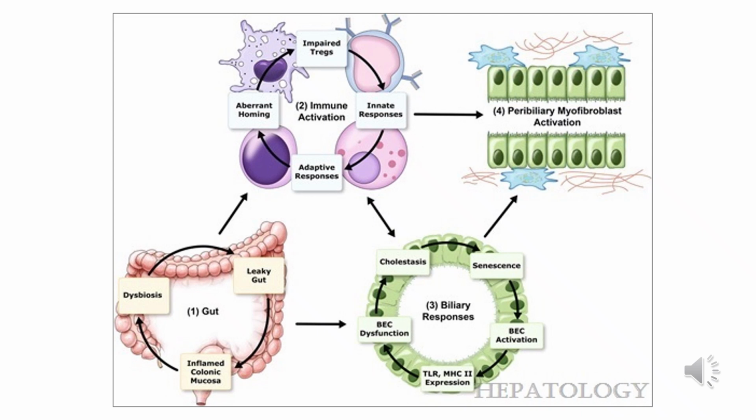This will cause biliary responses in the form of cholestasis and the activation of the biliary epithelial cells, which causes peribiliary myofibroblast activation, leading to fibrosis of the large biliary ducts mainly.